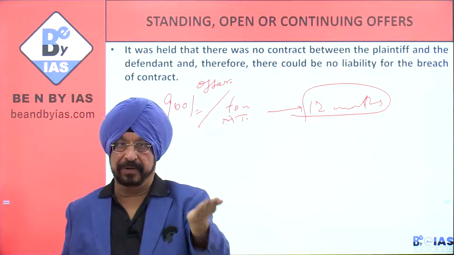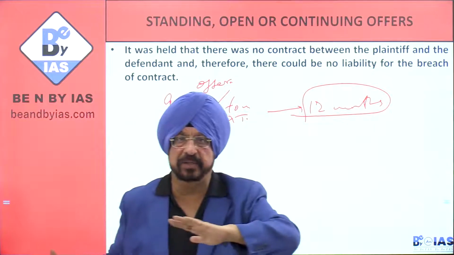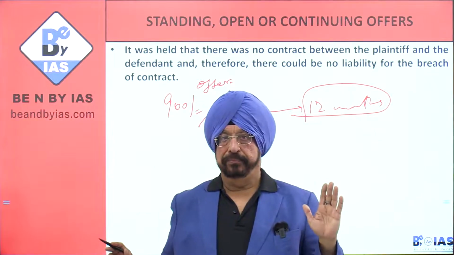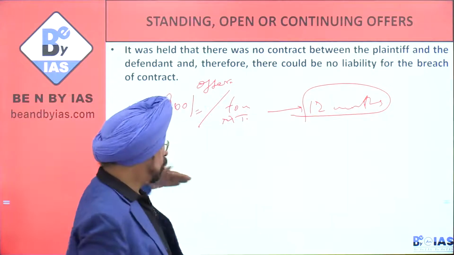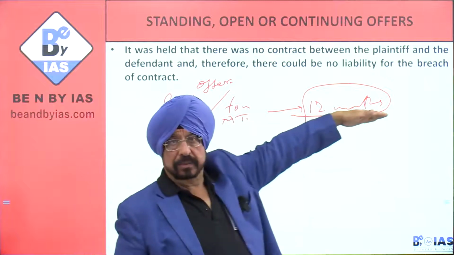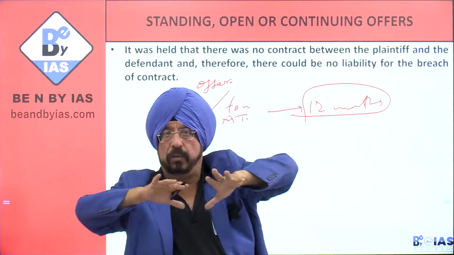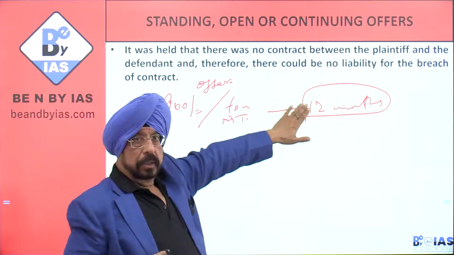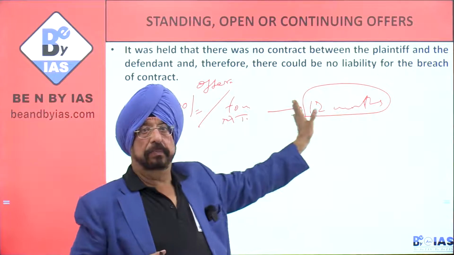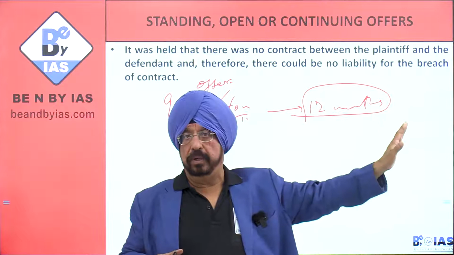He supplies 5 liters, I pay him 100 rupees. Contract is over. One-time transaction. But here, it is a continuing transaction. The time period is mentioned, spread over a period of time. So 12 months. And then it will become a standing offer, open offer.